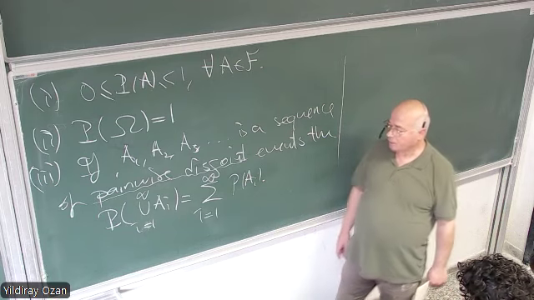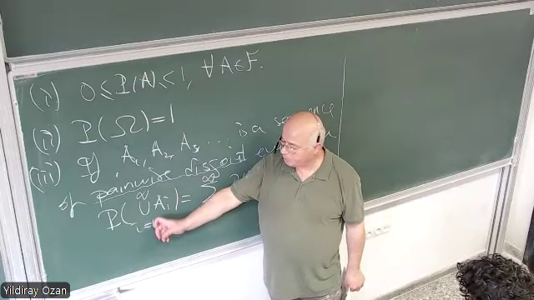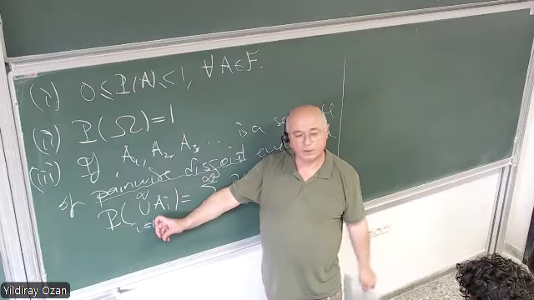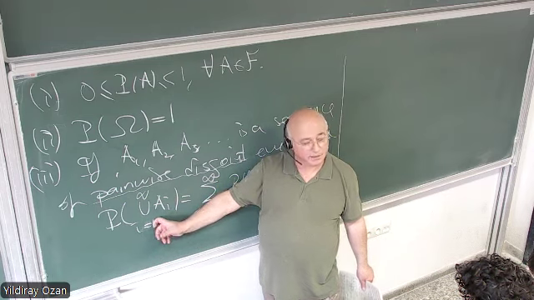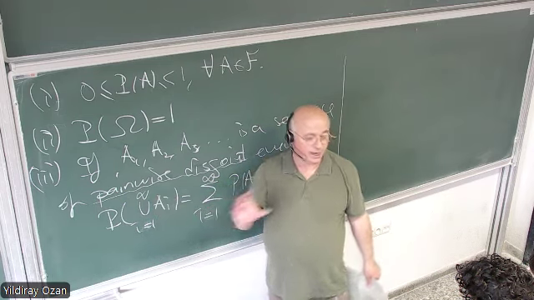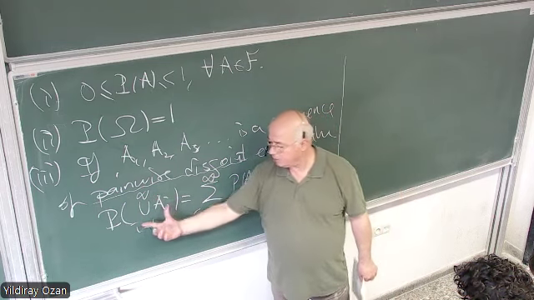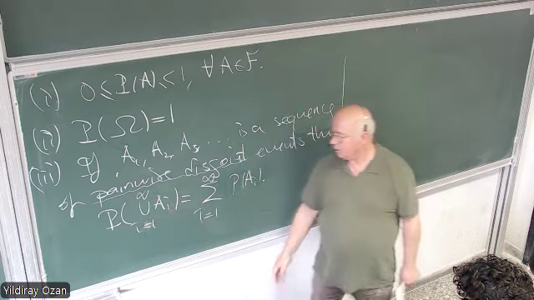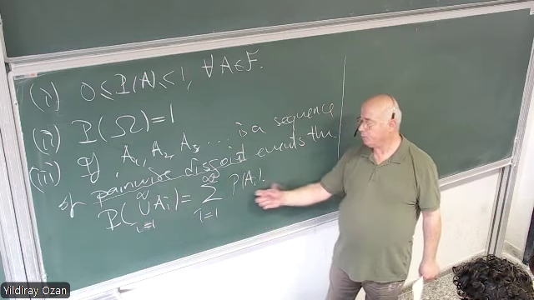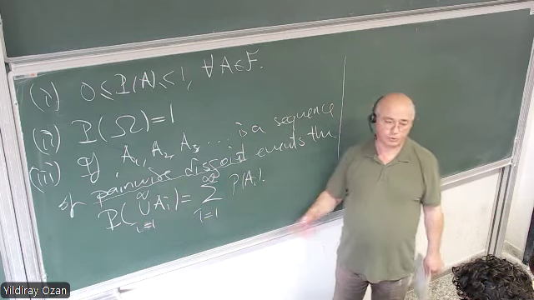So the probability that the coin will give us heads or tails, there are two disjoint events, the probability of the union is just the sum of the probabilities. So 1/2 plus 1/2, which is 1.